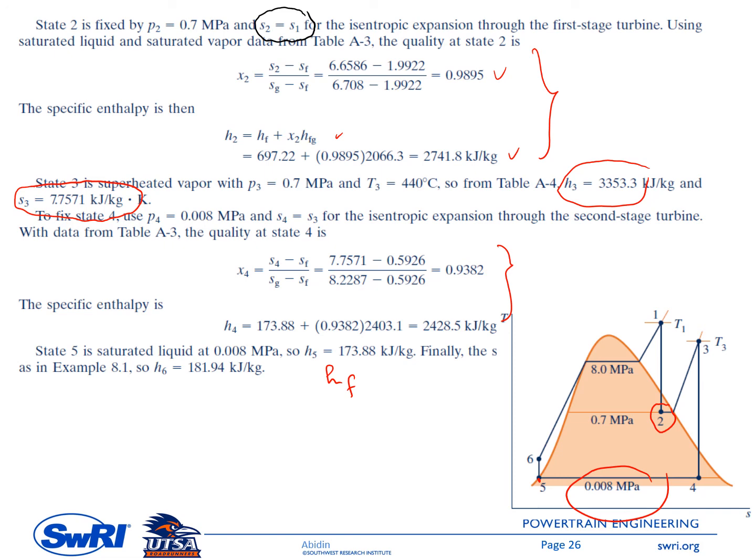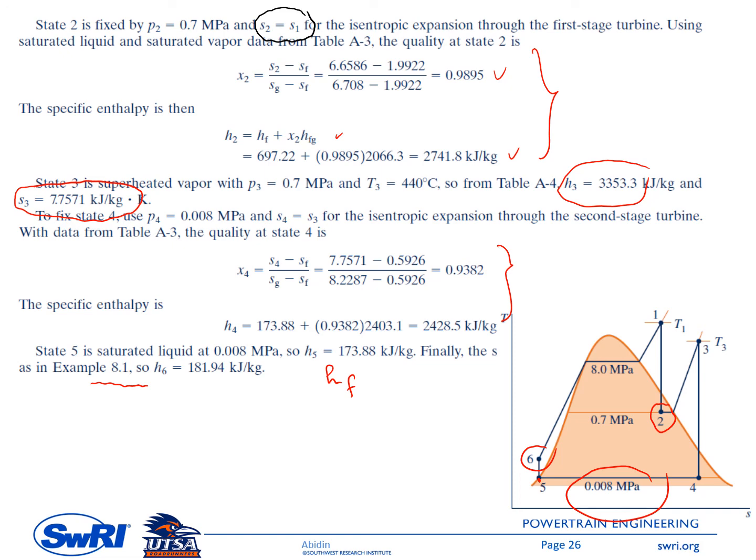And then state number 6 here, it said that you can look at example 8.1. So I think the way it works there is you have to use an approximation here to estimate H6.